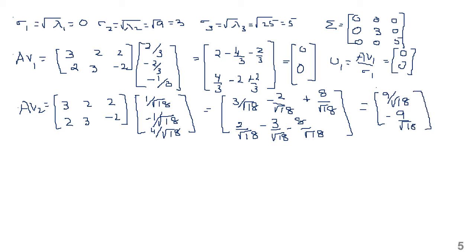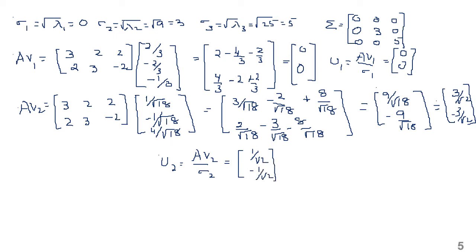So you get this as 3 by root 2, minus 3 by root 2. Therefore, you get U2 is equal to AV2 by sigma 2, that gives you 1 by root 2, minus 1 by root 2.